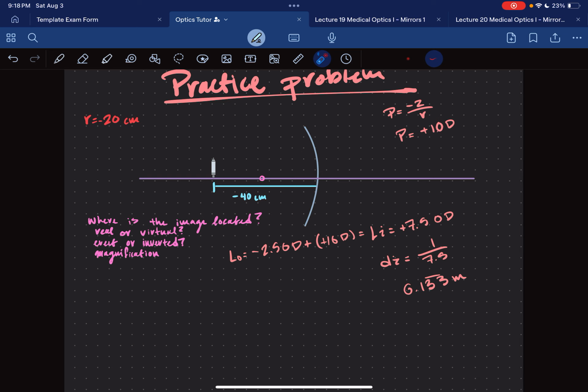Or how the book has it, when you're trying to find the image location, it says that mirrors kind of invert or do something weird with the light rays. Because of that, we would do a -1 over 7.5, and this comes from the equation n over l'.